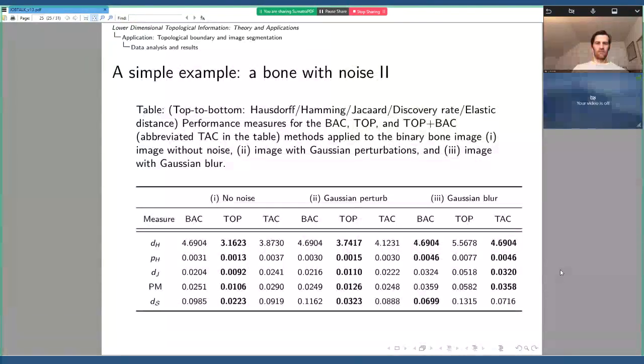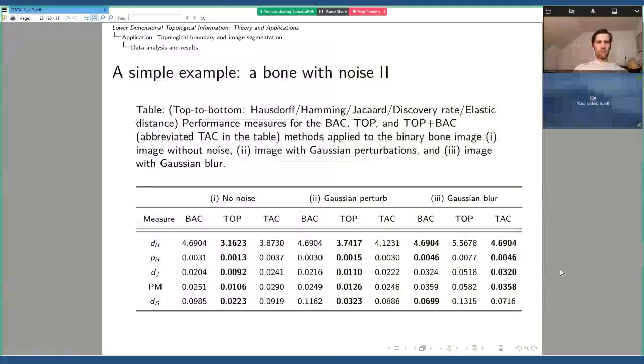As we see here, our combined method, TAC, does not always perform the best. However, if you look carefully at the values of the performance measures, it's not far away from the optimal method. So this set of simulation studies shows that in a topologically trivial case, even though our combined method does not perform the best all the time, it's not too far away from the optimal method.